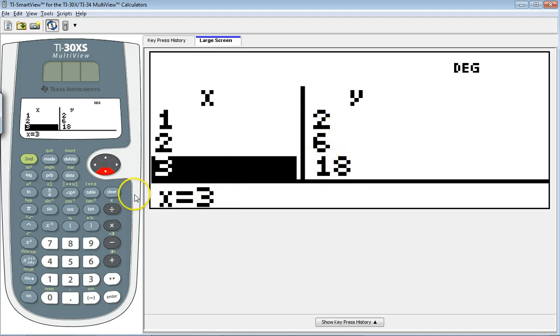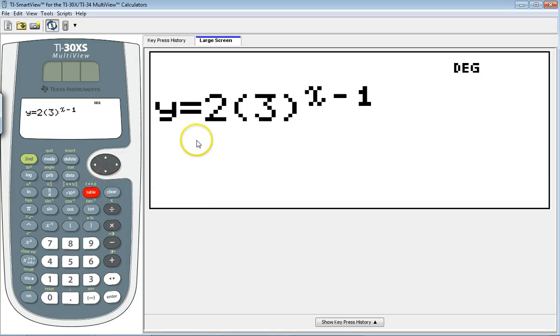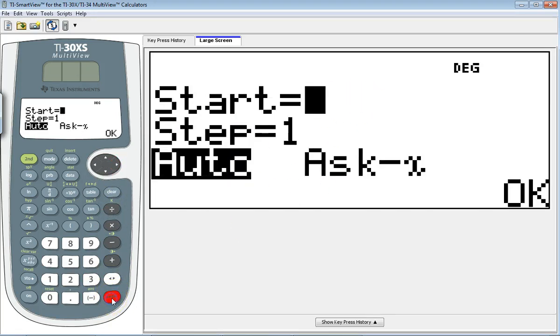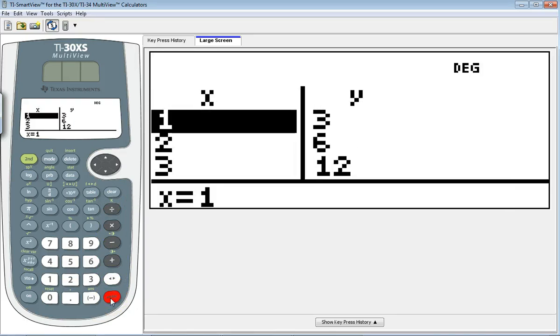Which one did you guys decide is the right answer? Okay, can you read me the equation? 3 times 2 to the n minus 1 power. Okay, so let's check that. So we look at this. 3 Skittles, 6 Skittles, 12 Skittles.